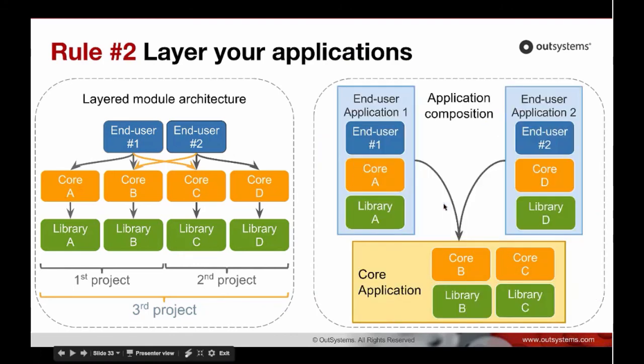So we come up with a core application with the common services that are supporting both applications. And of course, I had to bring library B and C as well because core B and core C depend on library B and C. I don't want to have upward references. If I left library B in the end user application, it would mean that I would also have an upward reference. So I end up having the correct application composition.